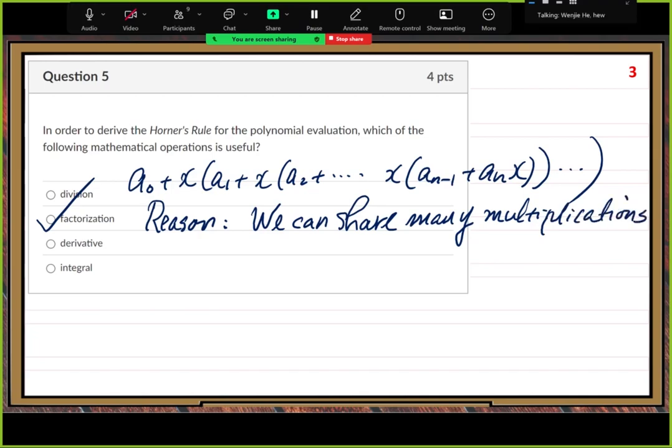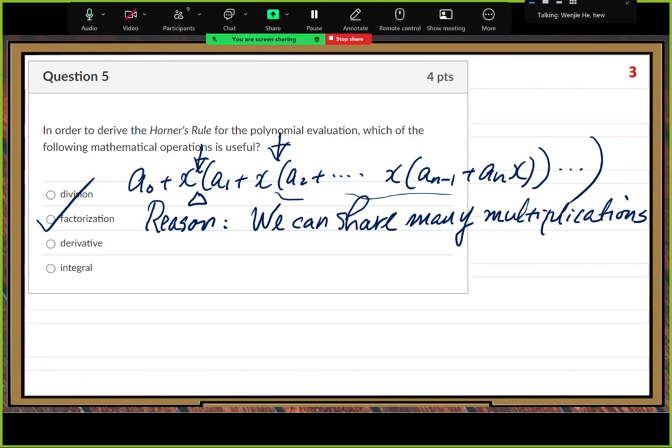For example, this multiplication we share with many terms. But here we only do one, right? This one we also share with all the remaining terms. We only do one. One covers many.